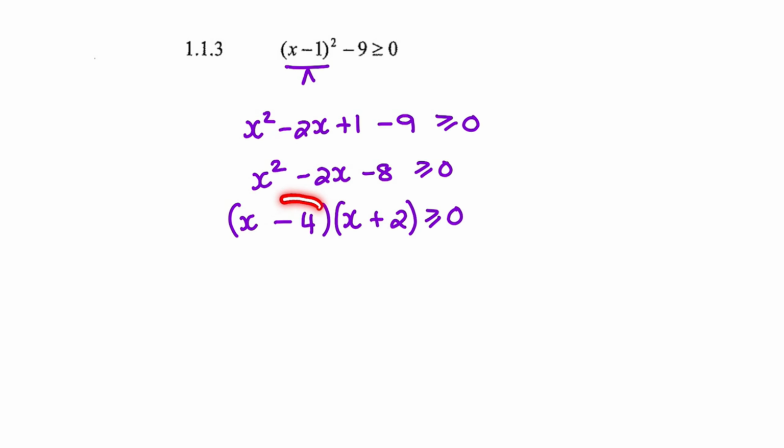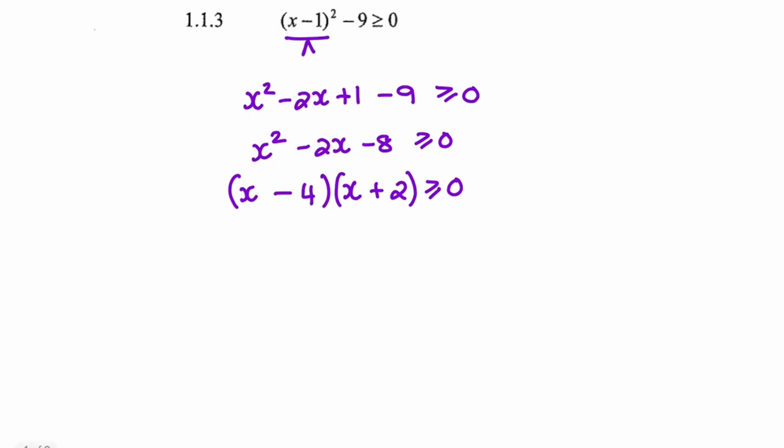So look, when I factorize, minus 4 times plus 2 will give me minus 8. But minus 4x plus 2x will give me negative 2x. That leads me to 2 critical values: x is equal to 4 and x is equal to negative 2.